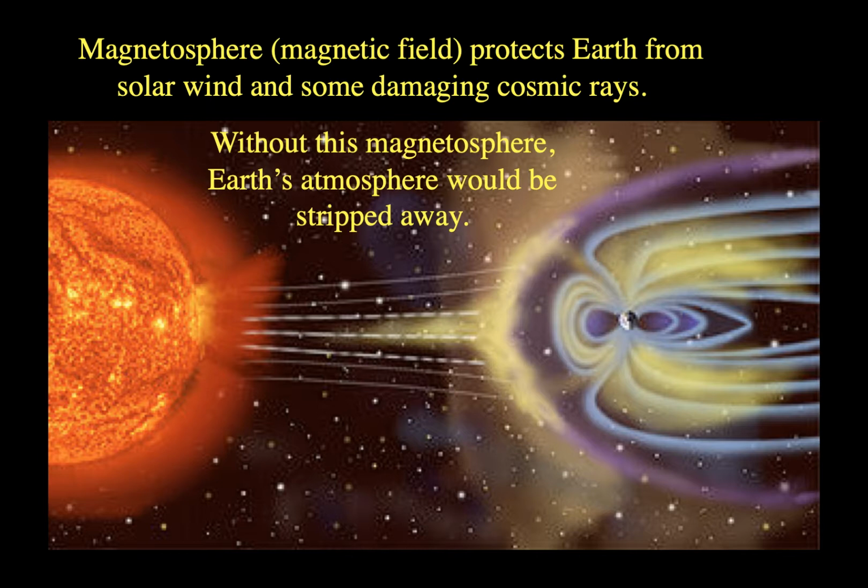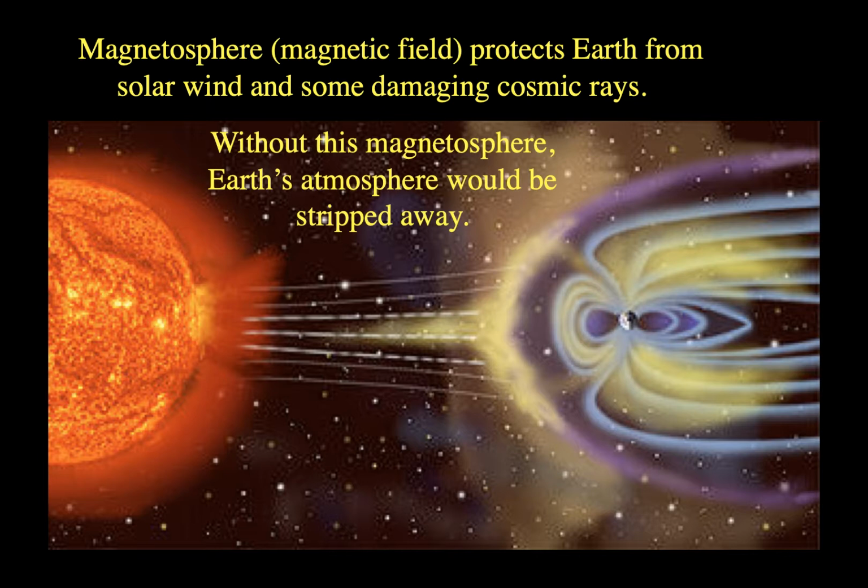Mars may have had a similar magnetic field early on in its evolution, but that since has solidified, so it doesn't have a magnetic field anymore. And this means that on Mars, anyway, the solar winds can blow the atmosphere away. But on Earth, the magnetosphere, the magnetic field, pushes those charged particles away from the Earth.